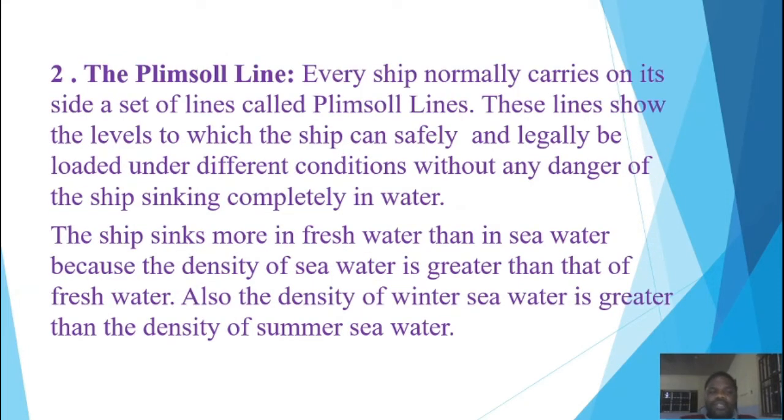Then number two, there is what we call the Plimsoll Line. This Plimsoll Line is a set of lines on a ship. Every ship has this set of lines, and these lines show the level to which the ship can safely and legally be loaded under different conditions without the ship sinking completely in water. Anytime you see a ship, go close to it, see the middle side, you see a set of lines drawn there. They are called the Plimsoll Line.